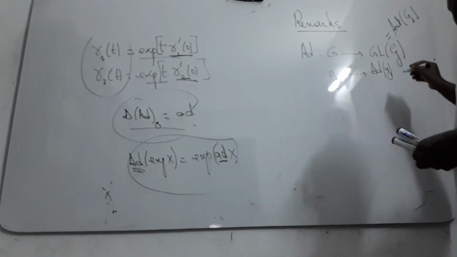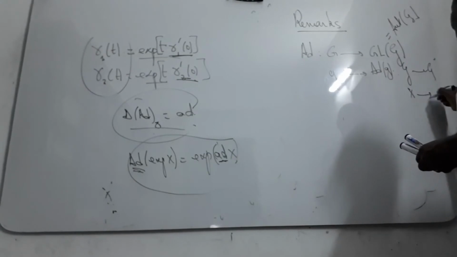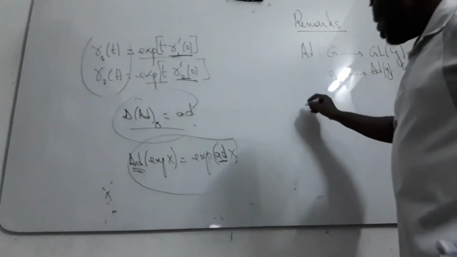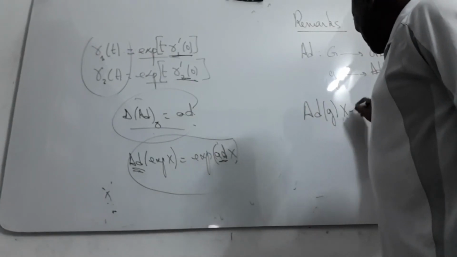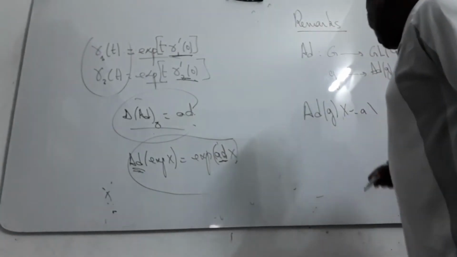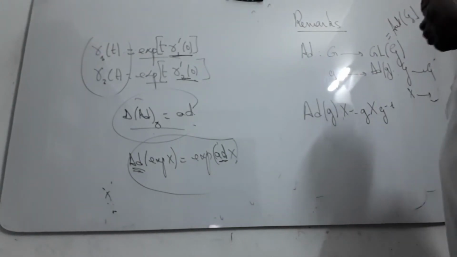So from here you have G, and you have what you are going to prove. Then you have Ad of g of X. We put that it is equal to g X g minus 1.